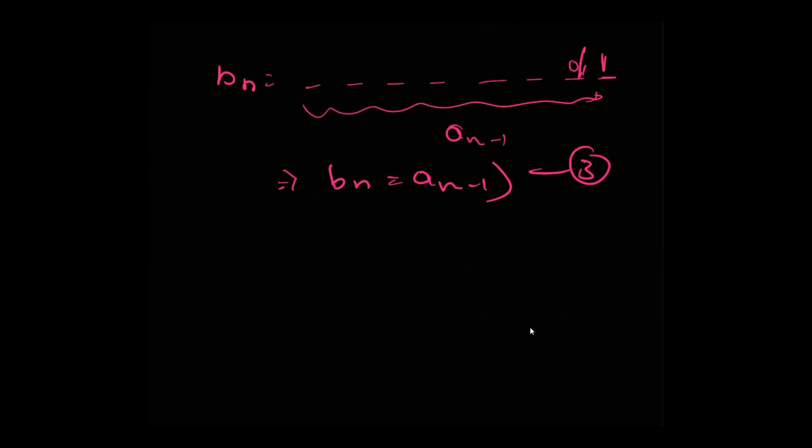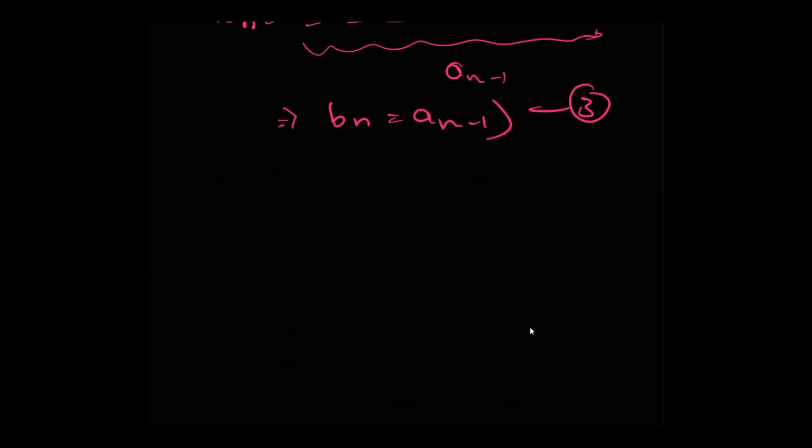From these three equations, we can write that an equals an minus 1 plus bn minus 1.